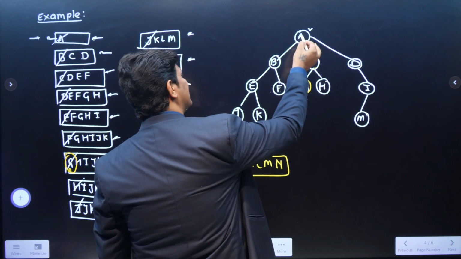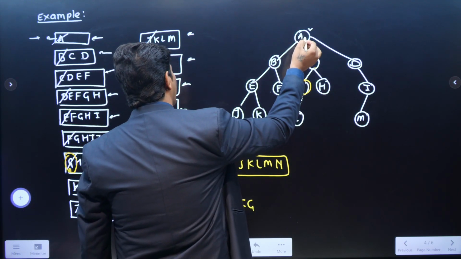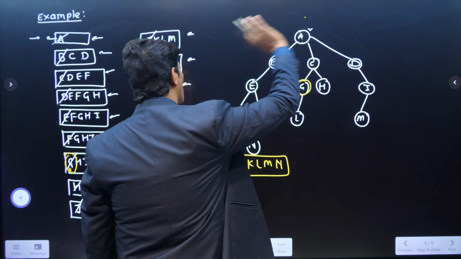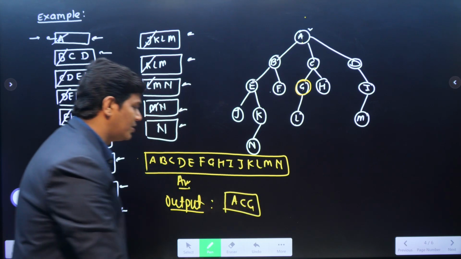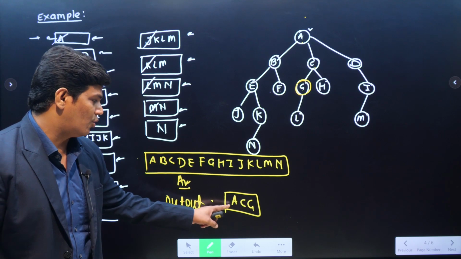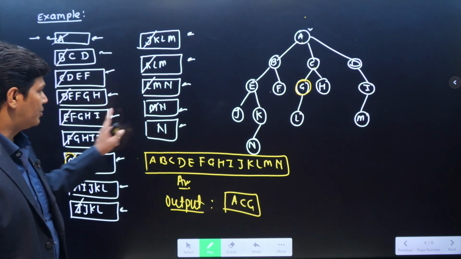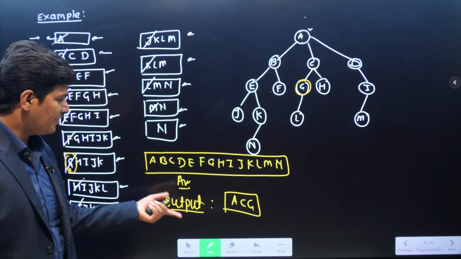Yes, it has one parent node, that is A. Again we check whether A has any parent node. No, finished. So this is the output. That means we have searched node G and the path of that node is A, C, G.